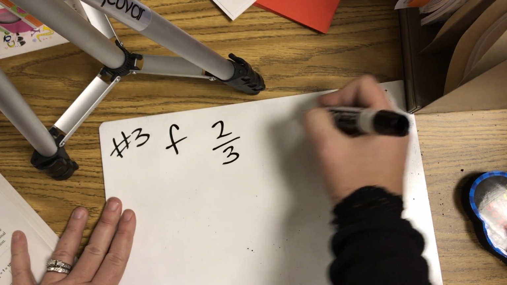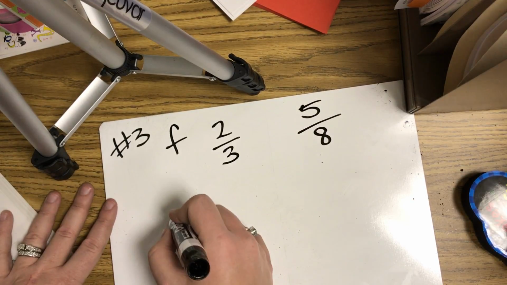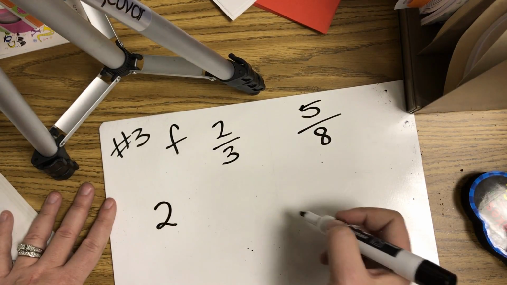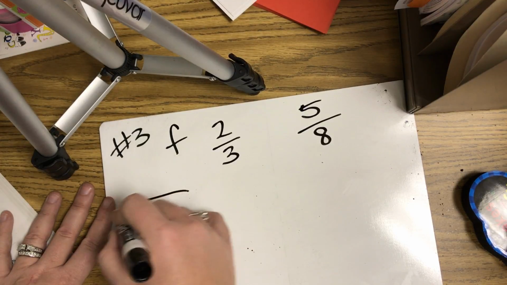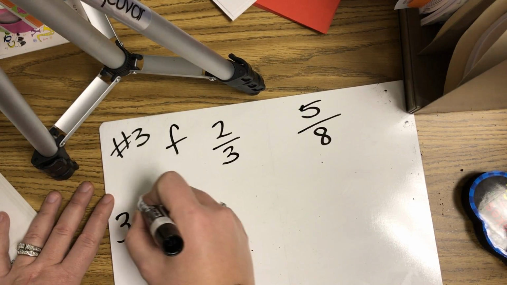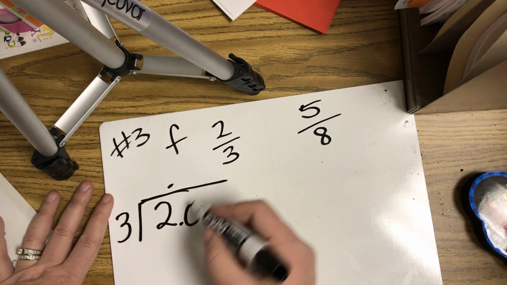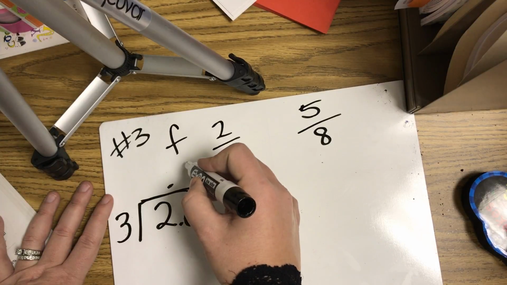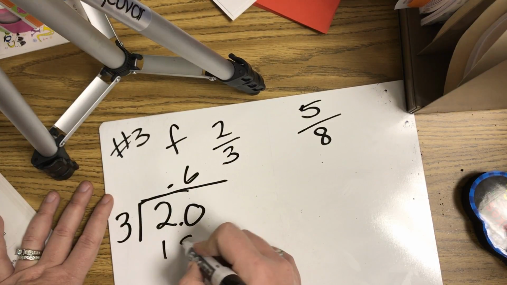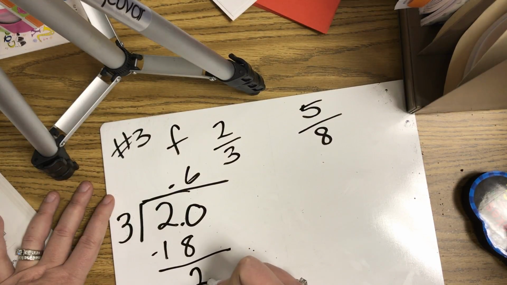2/3 and 5/8. Okay, so I'm going to divide both of these. 2/3, 2 divided by 3. We can't go 3 into 2, so decimal 0. Bring your decimal up. 3 goes into 20, 6 times. 3 times 6 is 18. Subtract, and you get 2.